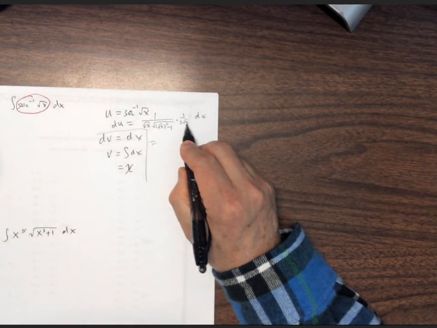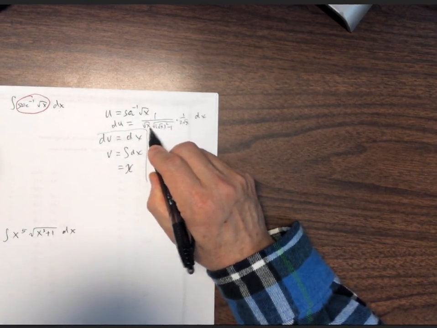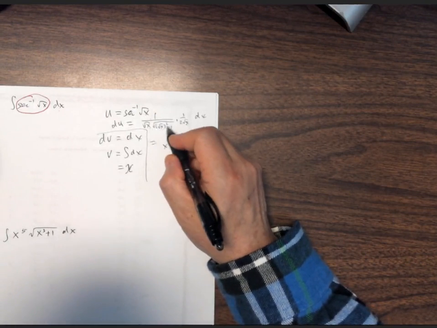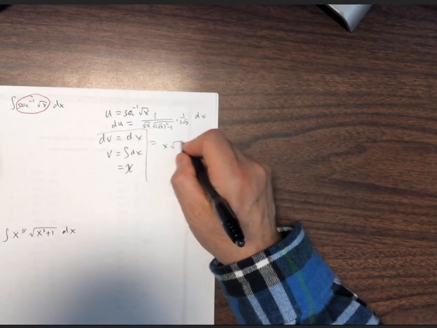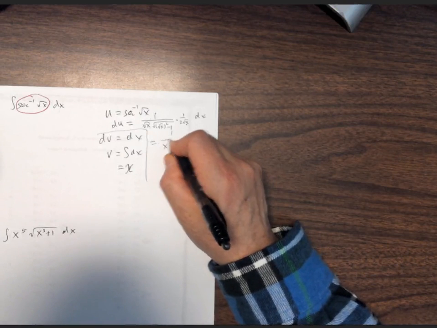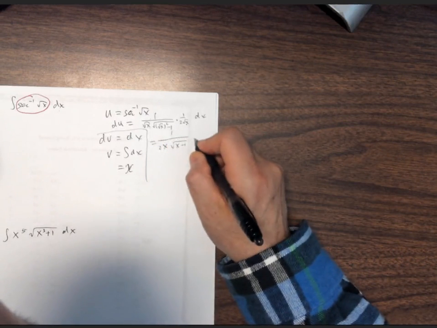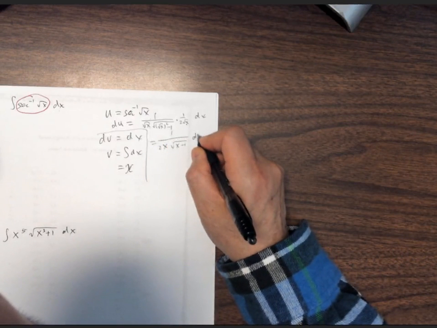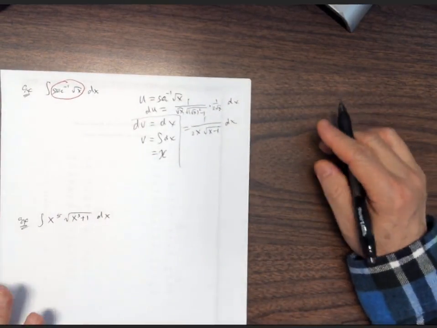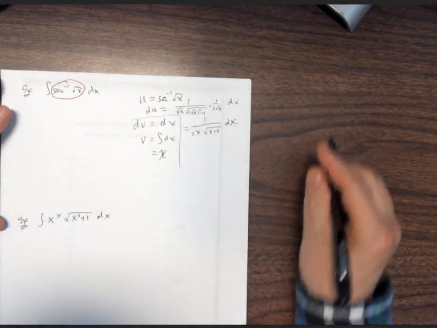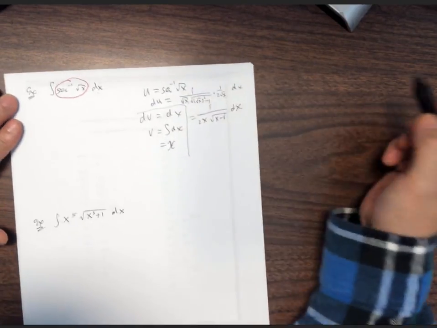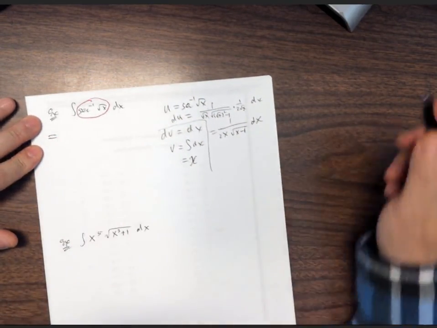The square root of x multiplied by the square root of x is x. This square root of x squared is x minus 1. Looks bad. Anyway, let's just apply the formula and see what we have.